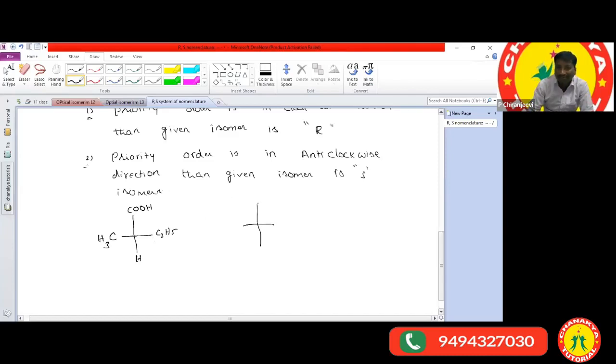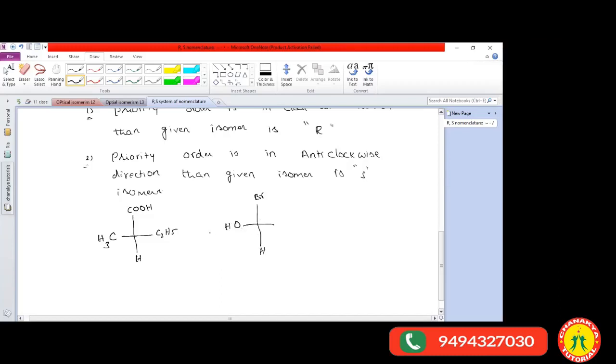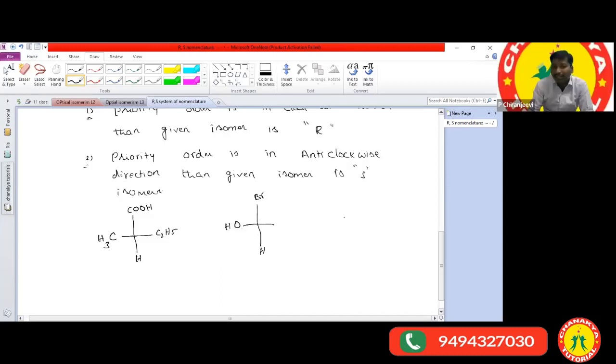Samhita, is the given compound optically active or optically inactive? Sir, is it inactive? Check it out. Optically active, sir. Very good Samhita, it is optically active.